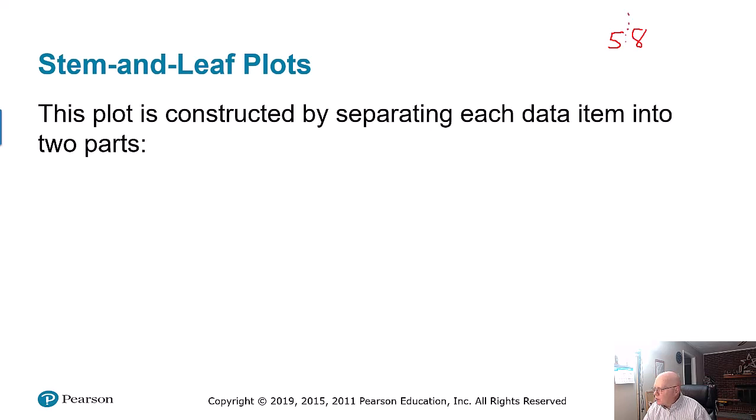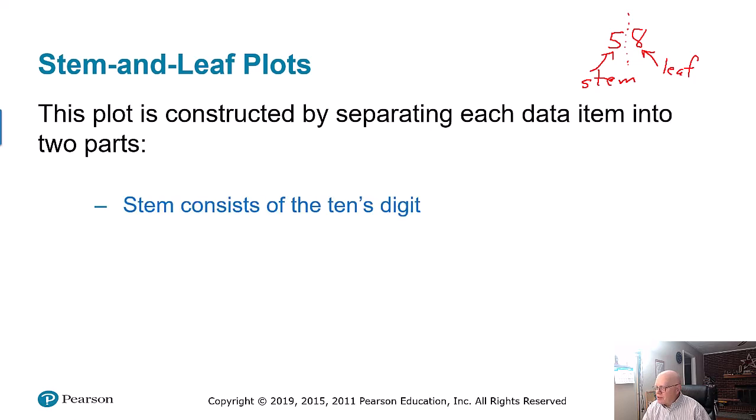What we do is we split that into 2 parts, the 50 part and the 8 part. This becomes the leaf, the lower part, and this becomes the stem. And we do that for each part of the data, and then, well, you'll see, we're going to put those into a graph.